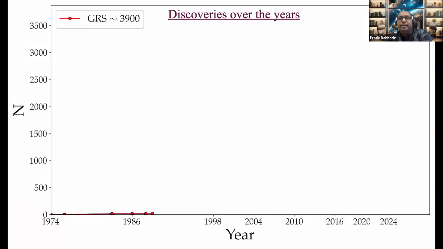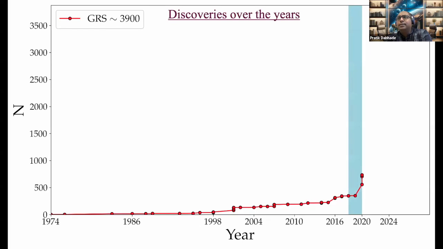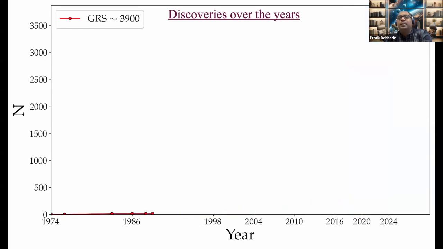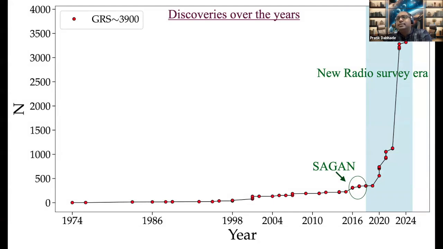And you can see how it has skyrocketed after 2016, 2018 with the advent of these new sky surveys. So you can see the big increment, and that started around 2016. When we started this project, we had our initial few results, and now every radio survey is reporting them in large numbers.